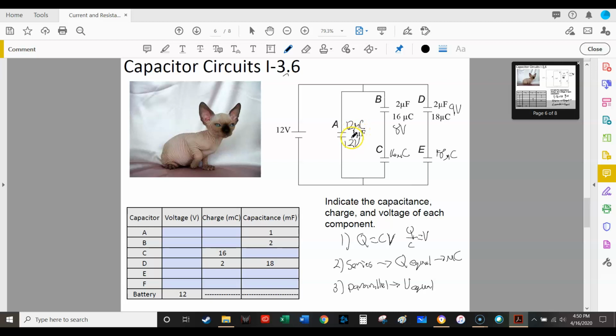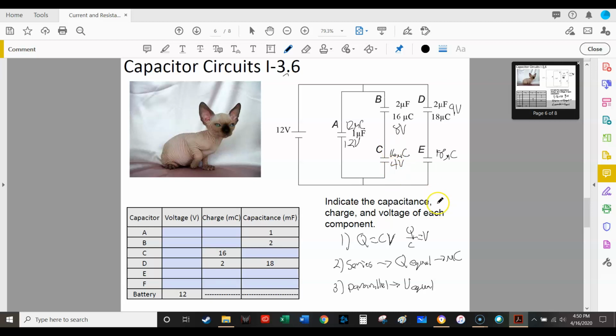All right. Let's try this branch. BC branch needs to equal 12. Okay, but 8 of that 12 is wrapped up with B. That means the rest of the 12 is in C. So this is going to be 4 volts, right?